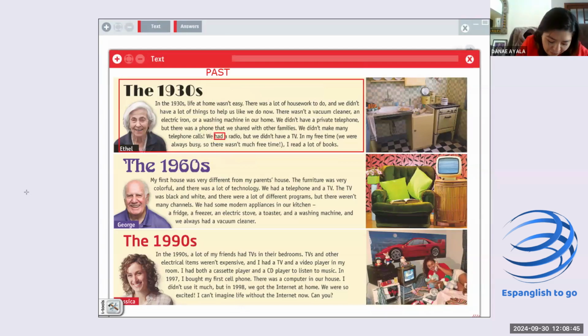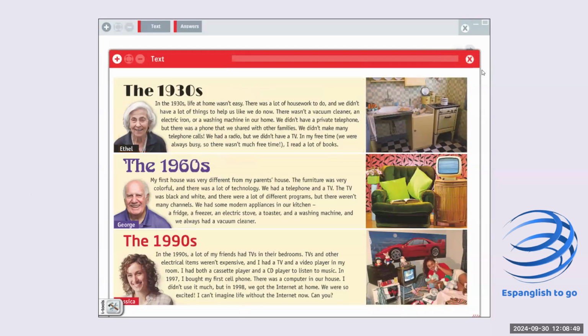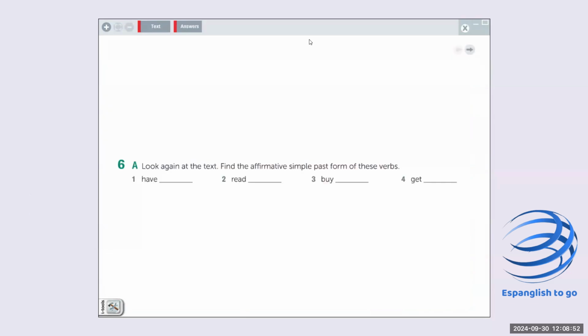Fantastic. So have in past is an irregular verb. The past of have is not haved, because it's irregular. So we have had.